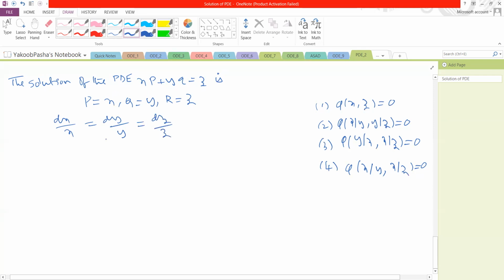Now we can easily solve by the method of grouping. For this, I consider dx by x is equal to dy by y. By integration, we get log x is equal to log y plus arbitrary constant log c1. That is x is equal to c1 y, that is x by y is equal to c1.